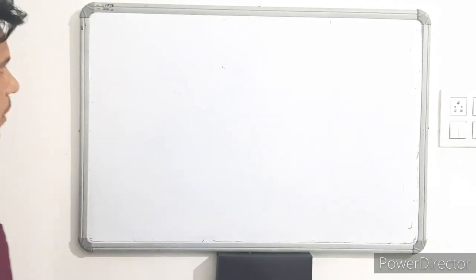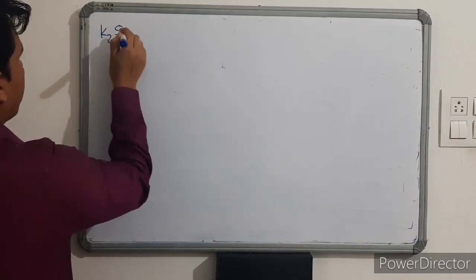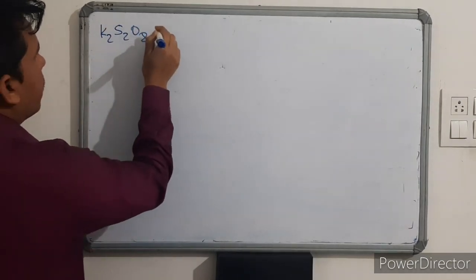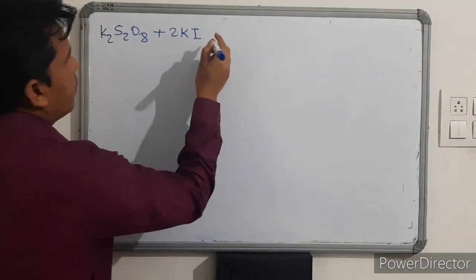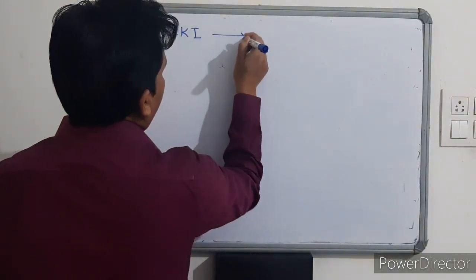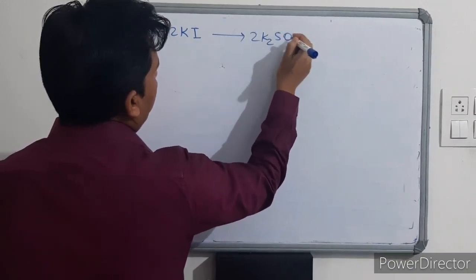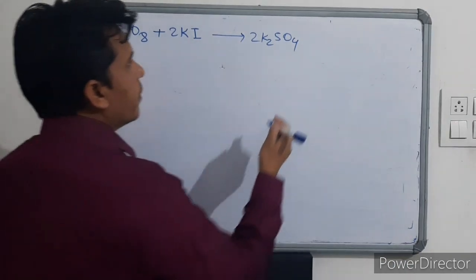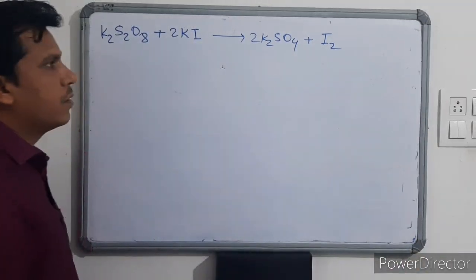Now the next example of the second order reaction is the reaction between potassium persulfate and potassium iodide. The reaction we can represent like this: potassium persulfate plus potassium iodide gives potassium sulfate plus iodine.